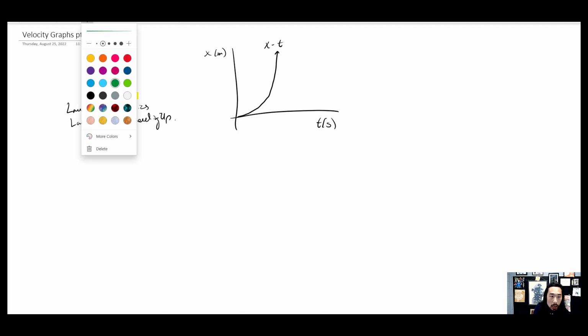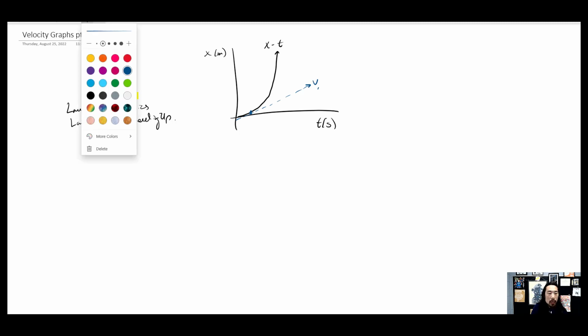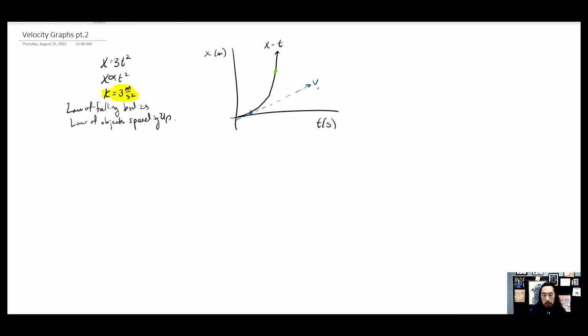This is where having multiple different color pens or pencils really helps. I'm going to create a tangent line there, like so. We'll call this V1, and I'll do one up here, and we can call this V2.